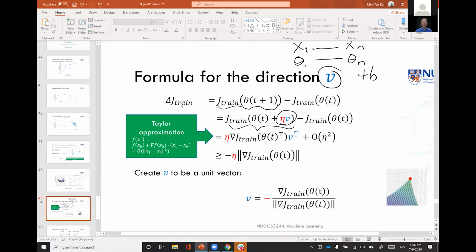This one is a scalar, and this one is a direction, a vector. So when we do this decomposition, this is a scalar, so I'm going to move it out and toss it on this side. Then I just have to deal with this whole part here.